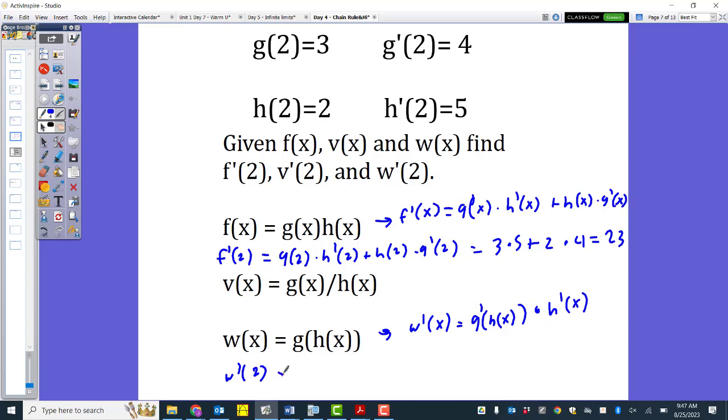When we plug in the 2, we're plugging it into x. So g prime of h of 2 times h prime of 2. H of 2 is equal to 2. So we have g prime of 2 times h prime of 2 is 5. Then we can go back up to the chart and see g prime of 2 is 4. So this is 4 times 5, which equals 20. Okay?